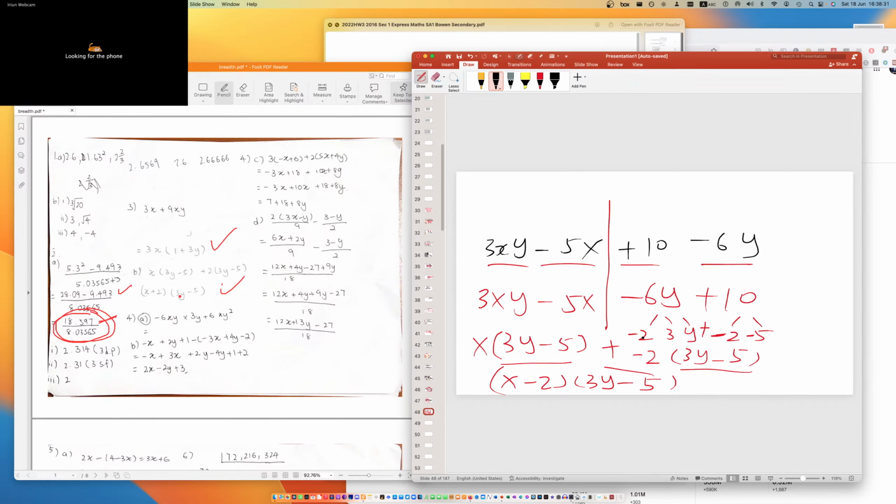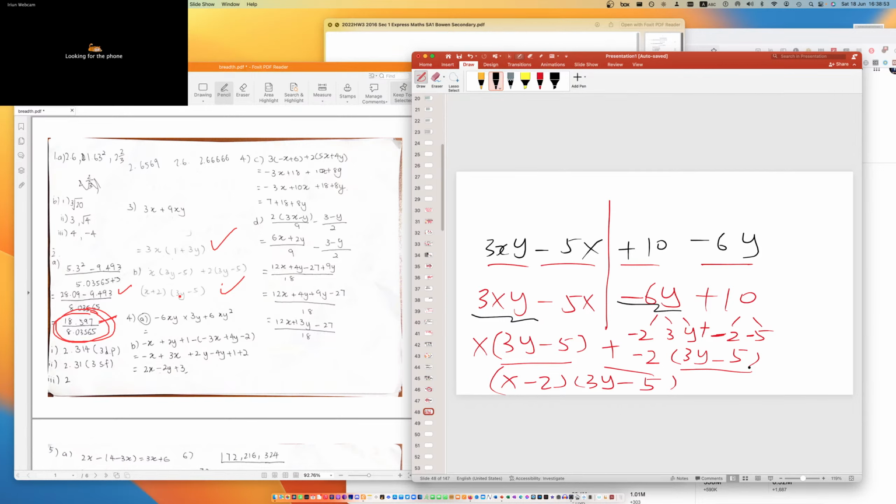But of course, you need to rearrange it first. Why? Because y starts first. If you put the y first here, but the y ends up at the back, then you don't come up with the same thing later.